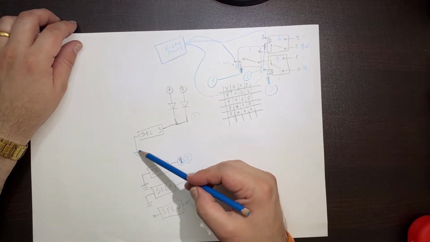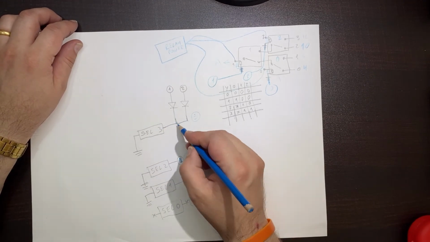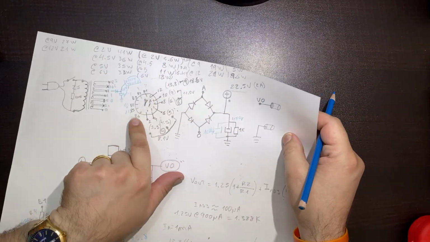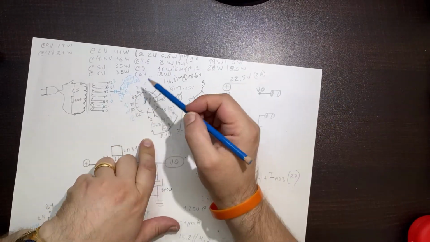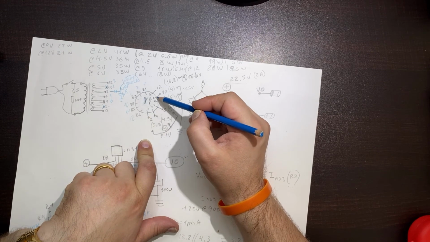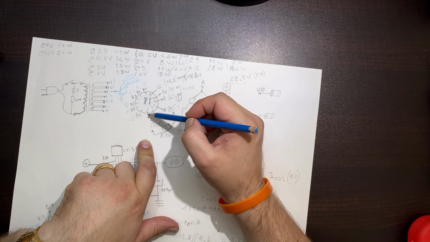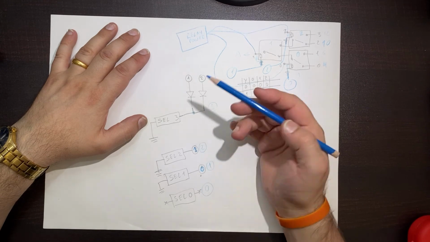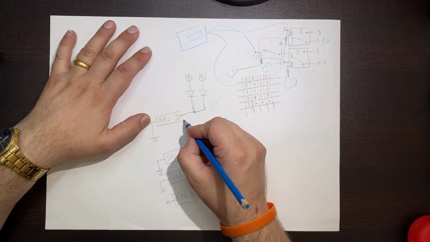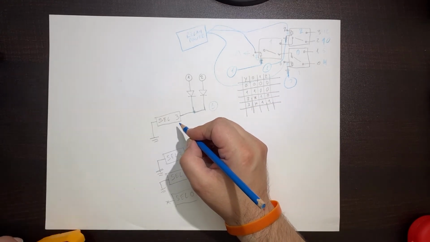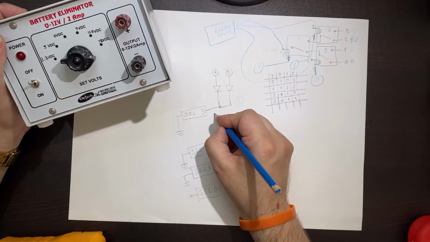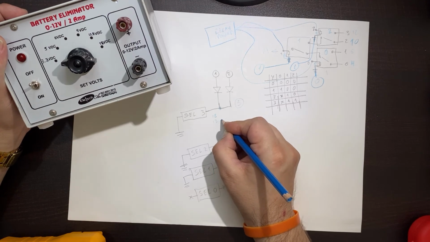So whenever the rotary switch is selecting the volt, well, it's in a specific selection, it goes into this. So let's say selection 3, this is going to be for 18 and 13.8.